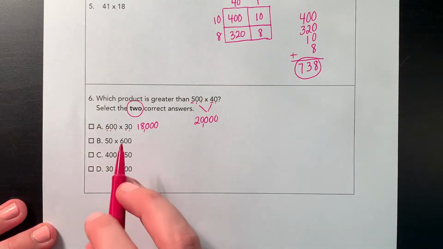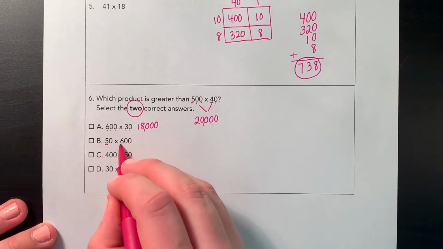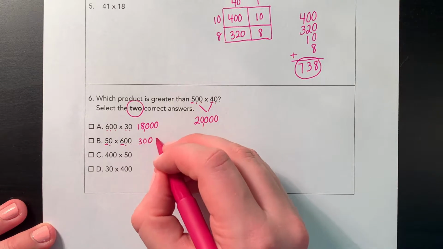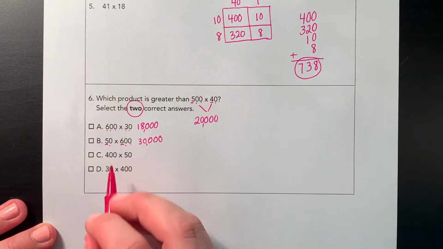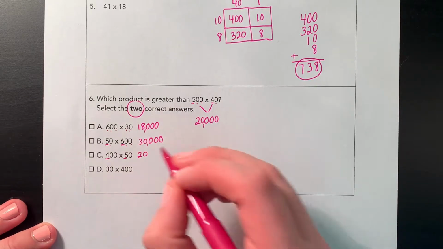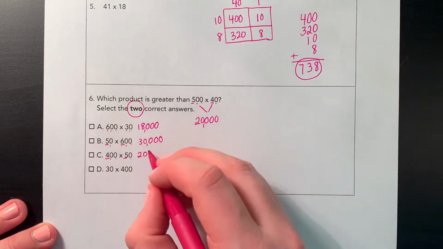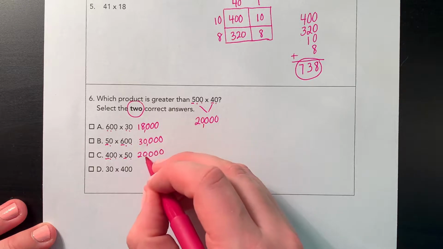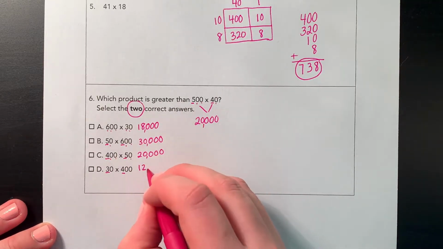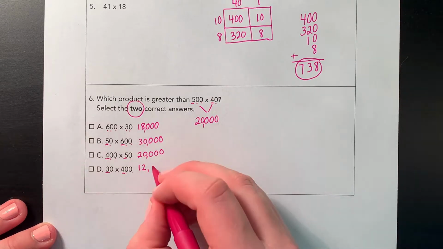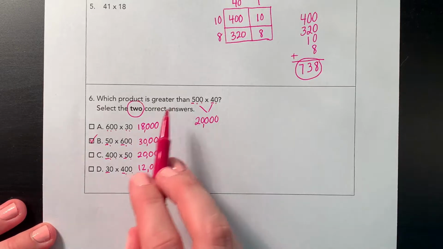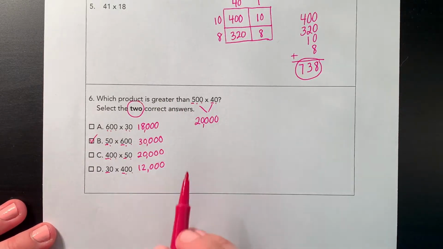That's 18,000. 5 times 6 is 30, plus 3 zeros. 4 times 5 is 20, and add 3 zeros. And then 3 times 4 is 12, add 3 zeros.